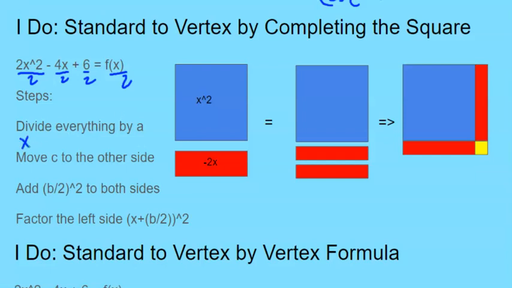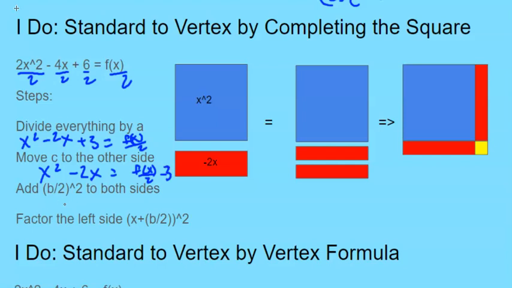So then we have x squared minus 2x plus 3 equals f of x over 2. Move c to the other side, so we're going to do minus 3 on each side. So x squared minus 2x equals f of x over 2 minus 3.